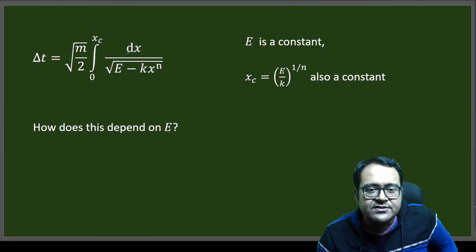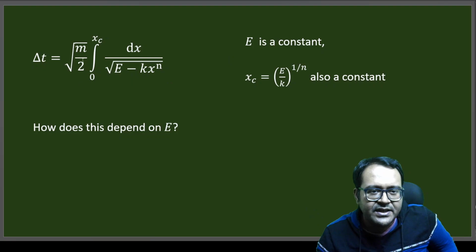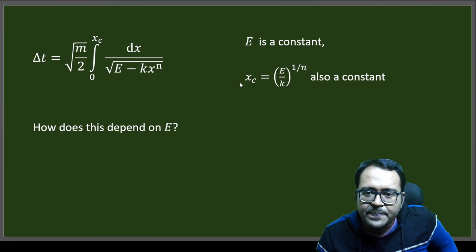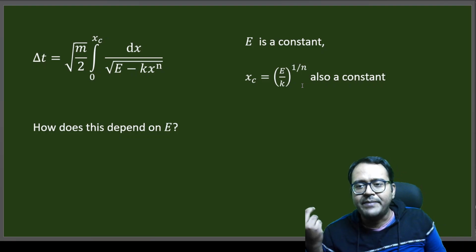We need to integrate over space, dx over a line, the integrand being the square root of m by 2, with e minus kx to the power n under a square root. E is a constant, a constant energy, and your xc, that turning point, has the value e by k to the power 1 by n.